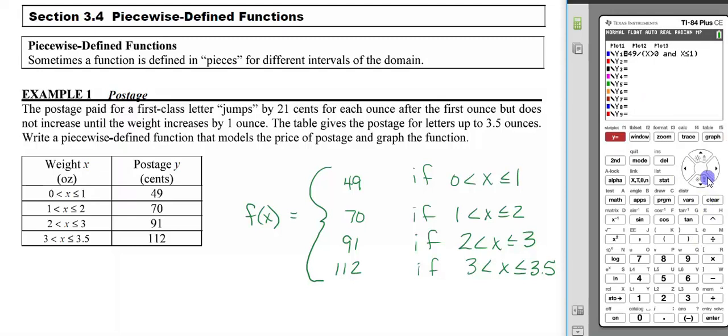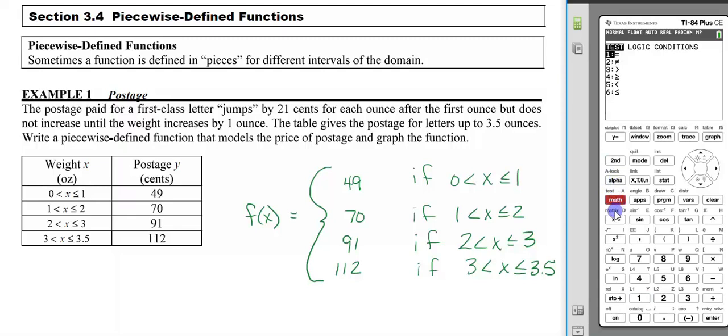We can work on our second piece. We have to write it as a second function, so 70, and put our slash parentheses, and we're going to say x greater than 1.